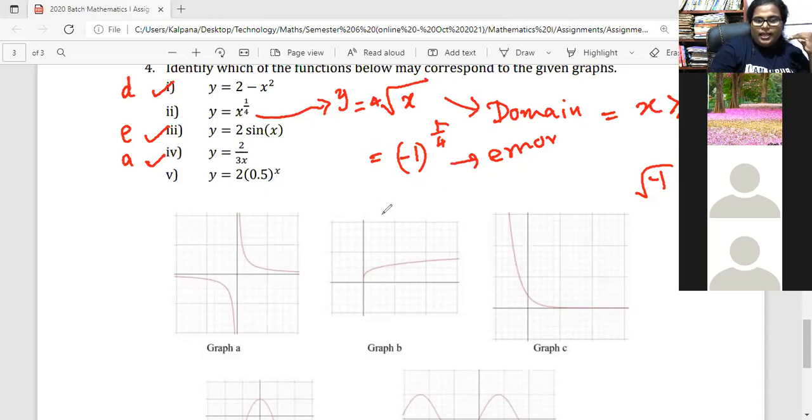So the domain should be the positive real numbers. Right? So we can write the domain as 0 to infinity. That means x අපේ මෙයාගේ x වෙන්න ඕනේ සියලුම ධන real numbers විතරයි.